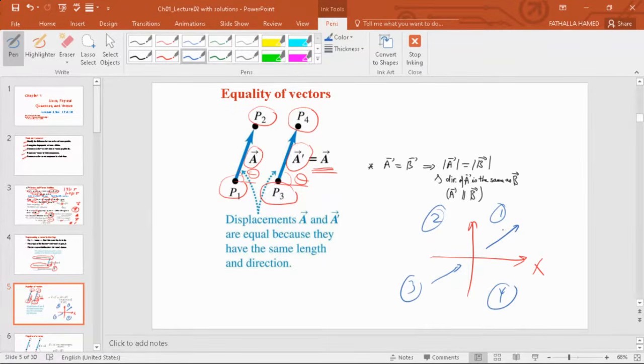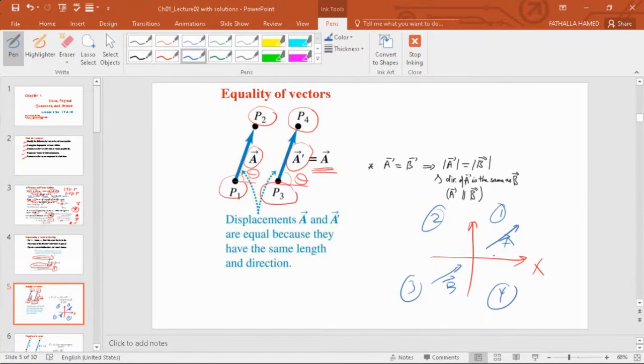Your displacement is in the first quadrant here, but your displacement here is in the third quadrant. Different locations. But this vector here, A, and this vector here, B, I can say that these two vectors are equal if they have the same magnitude and the same direction.